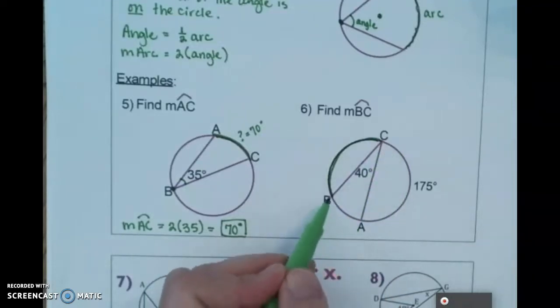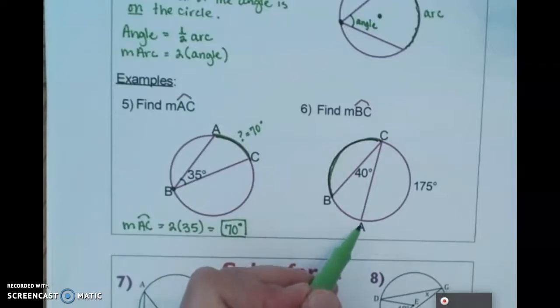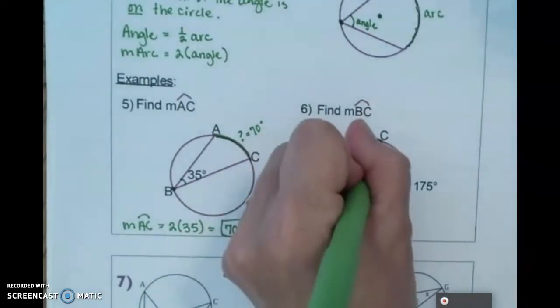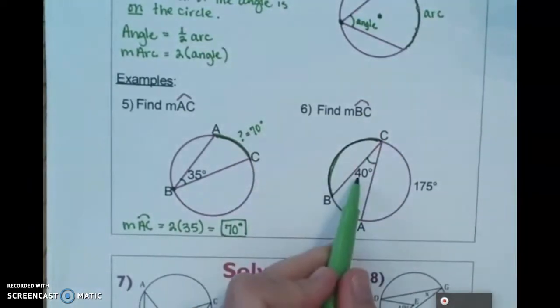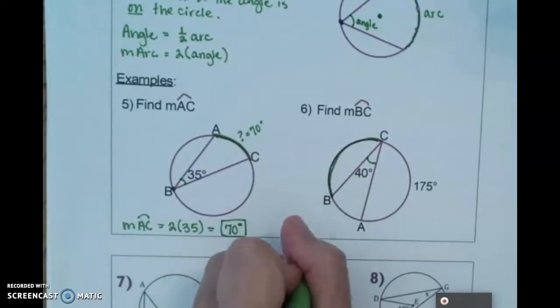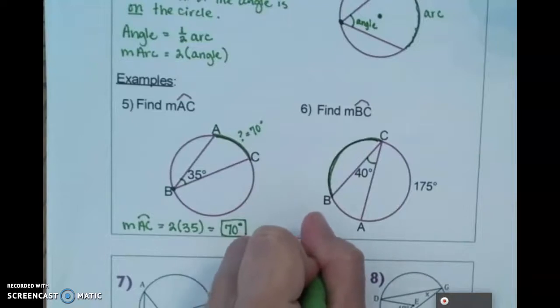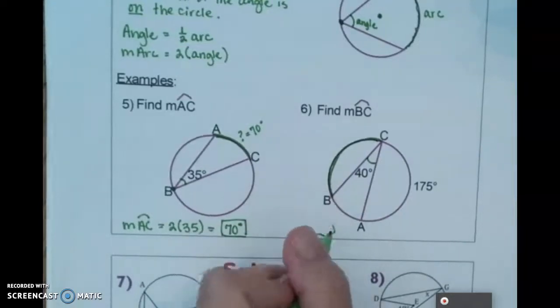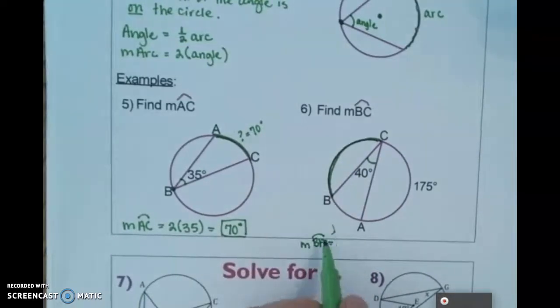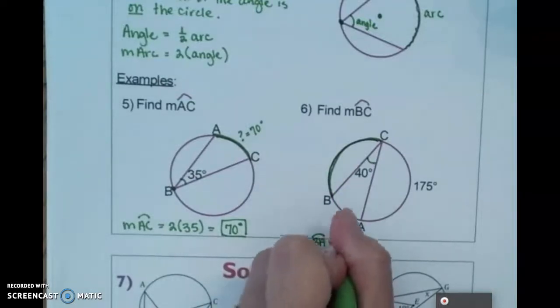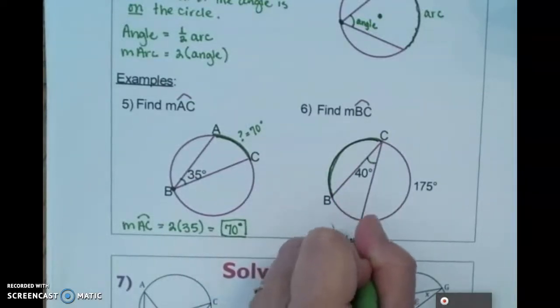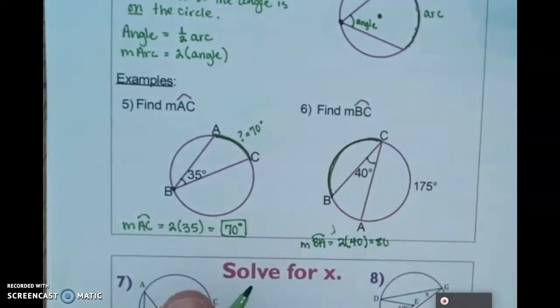I don't know this piece, arc AB, but I can find that because I know my inscribed angle is 40. So the first step is going to be to find the measure of arc BA, I'm going to put BA just to go in the order. Oops, sorry about that, guys. So we're going to do 2 times that inscribed angle of 40 to get 80 degrees.